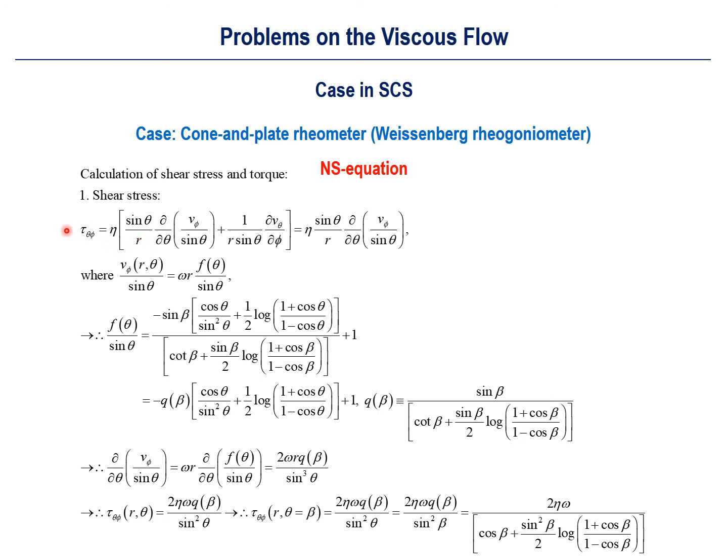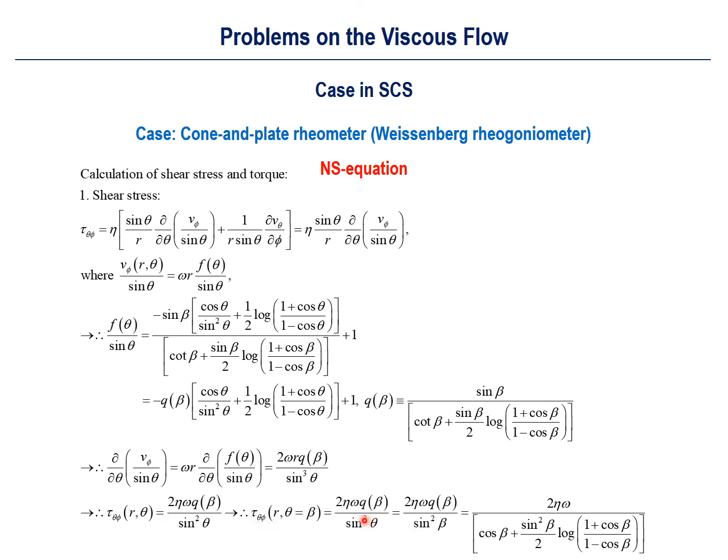And based on the spherical coordinate system for this tau theta phi, we can say that there will be no dependency on the v theta here because v theta is 0, and tau theta phi is defined like this. And using the finite velocity profile in the azimuthal angular direction, we can find this form, and we can find f(theta) over sine theta. And using these results, you will get these final relationships for tau theta phi here.